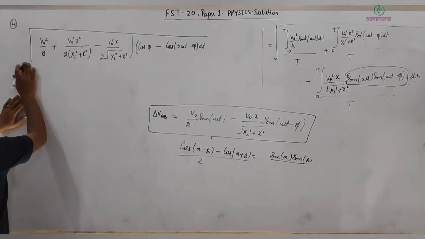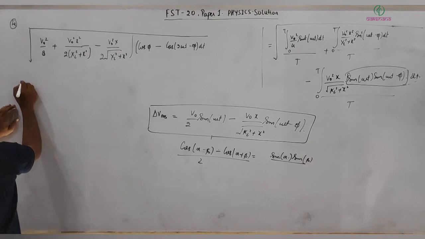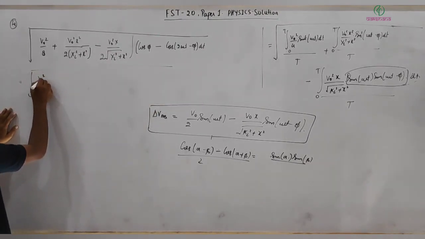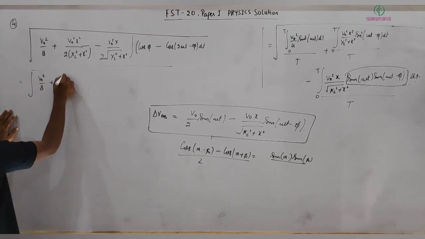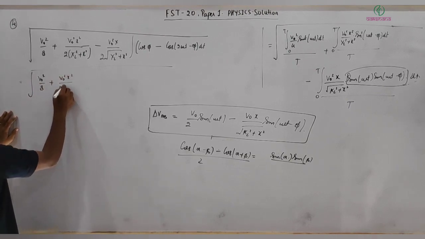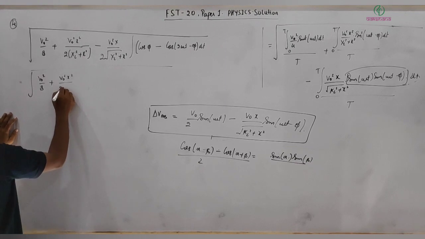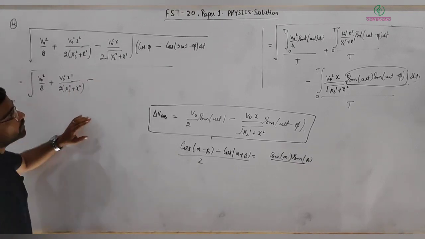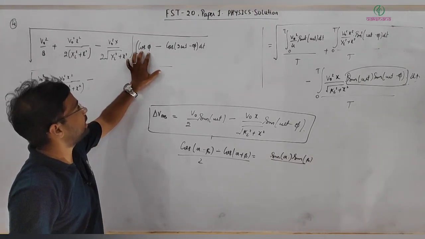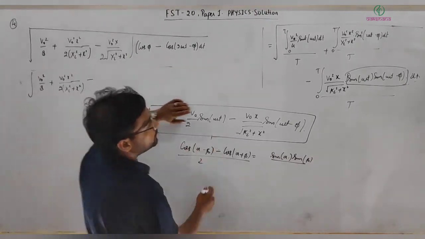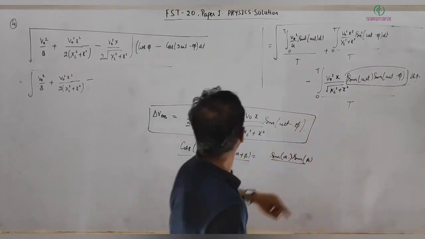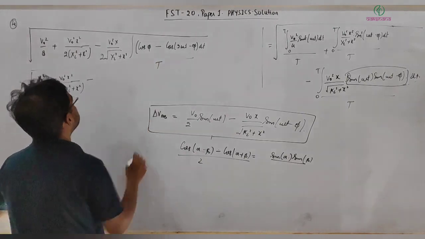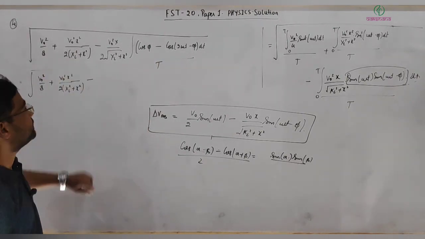Simplifying it further, next step, 1 by 2, so under root this step V naught square by 8 plus V naught square x square divided by 2, I can also write it as xl square plus x square, minus cos phi into, and one more, this t will be still there, so this whole divided by t.